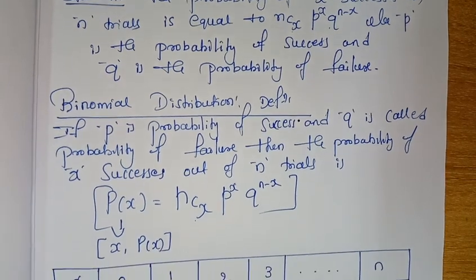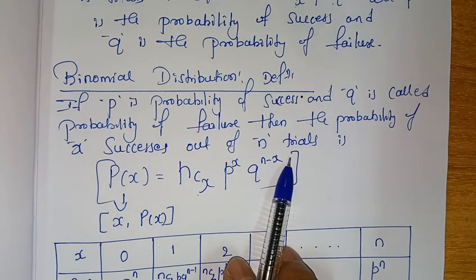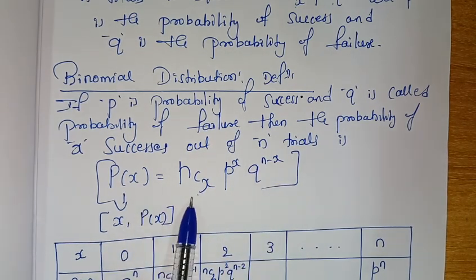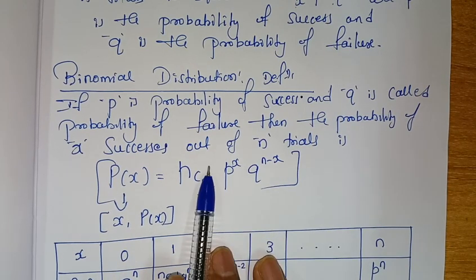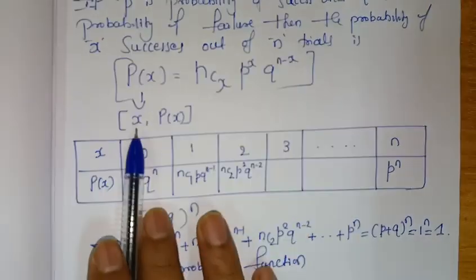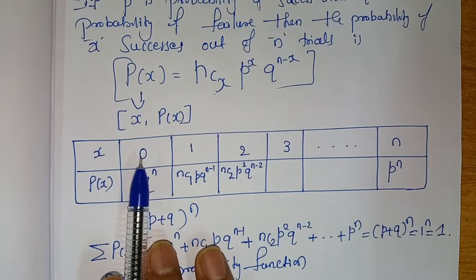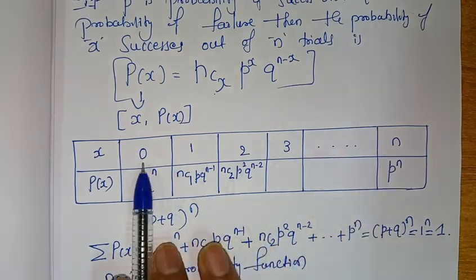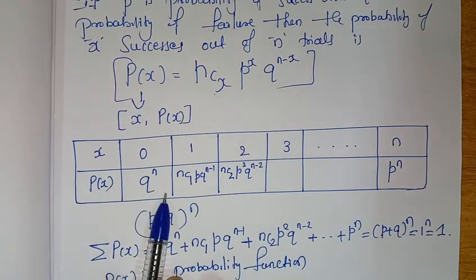So how do we define binomial distribution? If we consider the probability of success and failure of x successes out of n trials, then it is denoted by P of x equal to nCx p power x q power n minus x. The distribution is of the form x, P of x, where x takes values from 0 to n, and substituting 0, 1, 2, 3 for x, I get the corresponding P of x values.